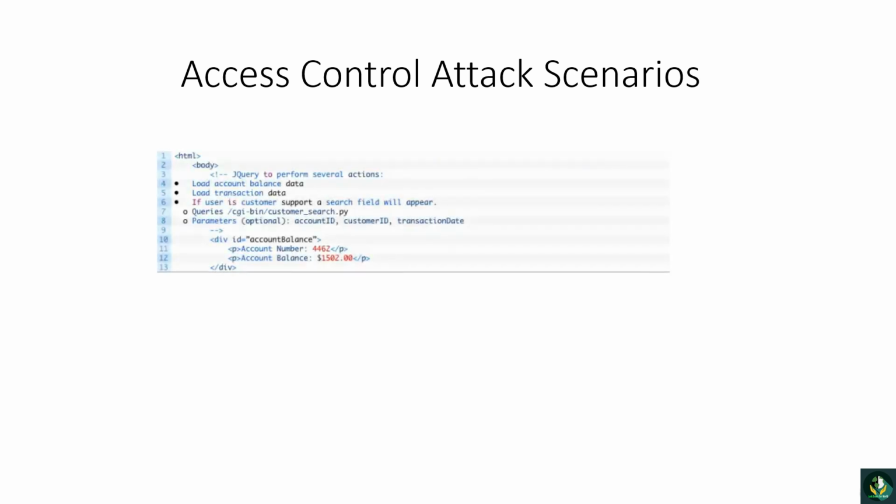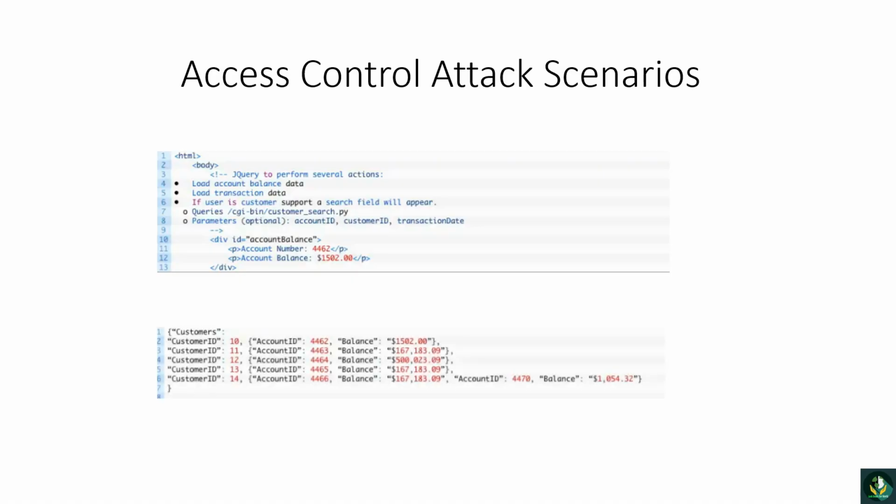The customer support role has the ability to search a database of all customers, which is not available to customers. Then the attacker discovered that this feature exists through some comments left in the web page source code. The attacker crafted a request based on the information to search for the customer database. And then the application responds with a list of 100 customers from the application database.